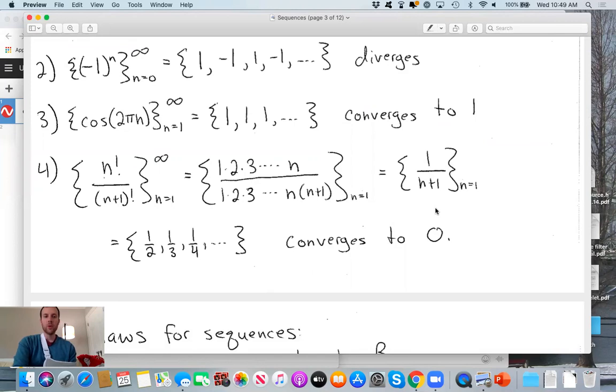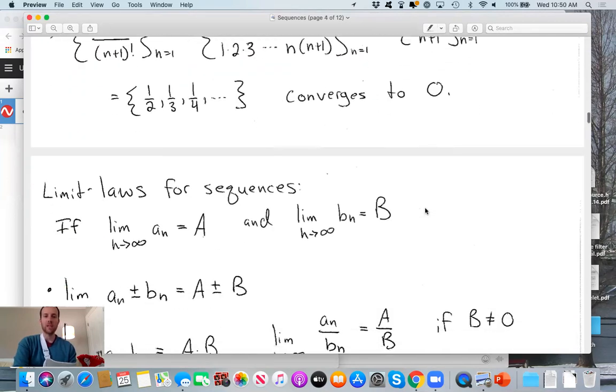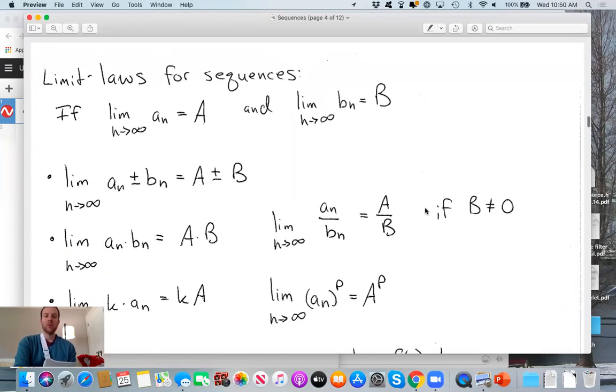Okay. So where we're going to pick up next time is that the ways that we think about limits of sequences are in most ways the same as limits of functions.